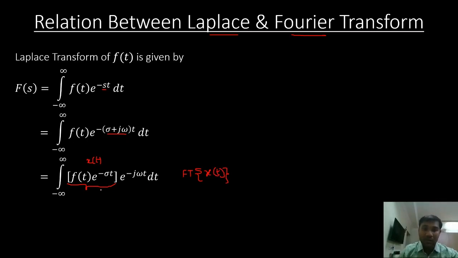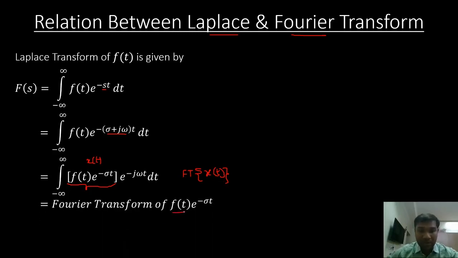Now what is x of t? F of t into e power minus sigma t. So this entire integral is going to be Fourier transform of f of t into e power minus sigma t. Right? So this is the relation between Laplace transform and Fourier transform.